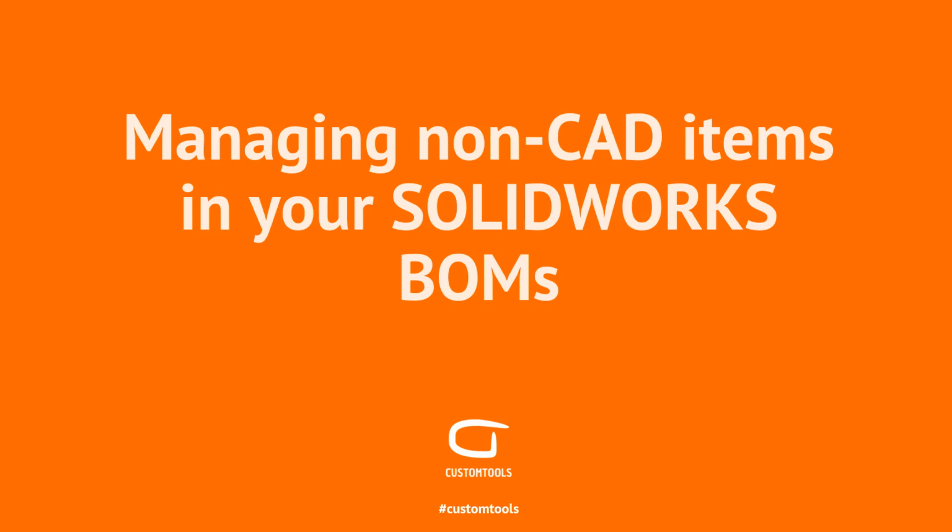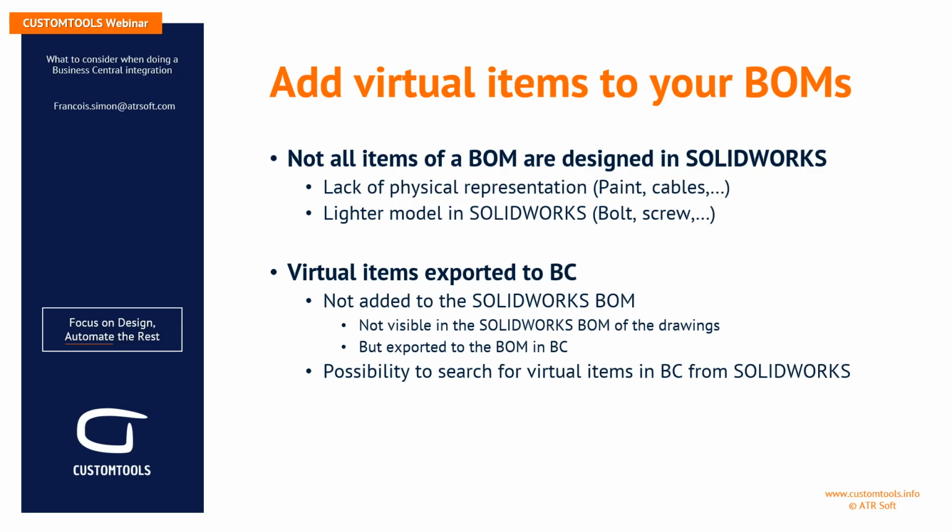So now let's move to how we can manage non-CAD items in your SOLIDWORKS BOM. Just before, we checked how we can manage the non-CAD items in the BC BOM, but now we are going to check the same from the SOLIDWORKS side. Not all items are designed in SOLIDWORKS, but still need to be part of the engineering BOM that will be pushed to Business Central.